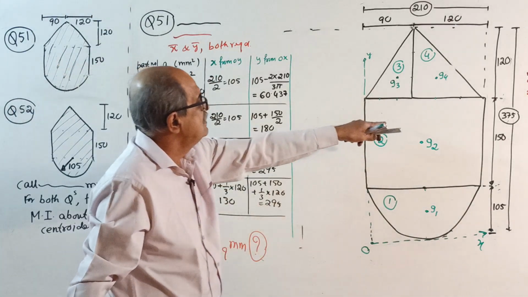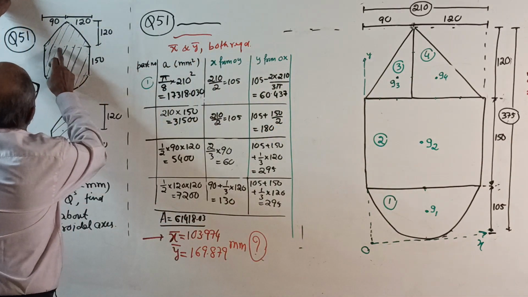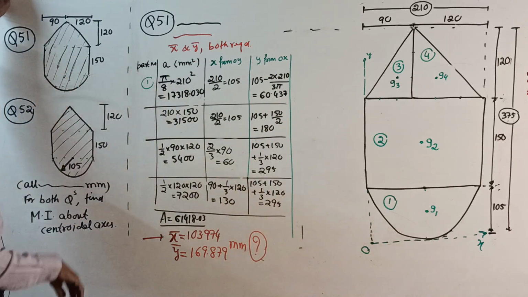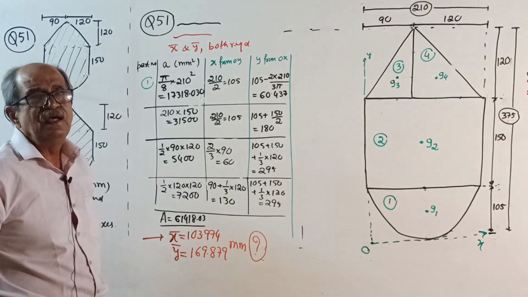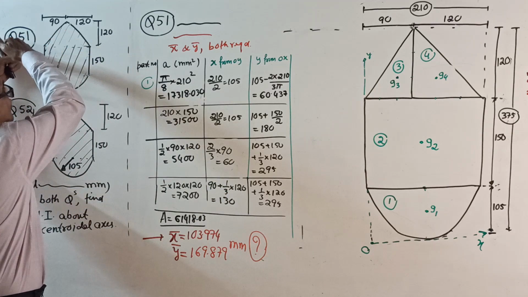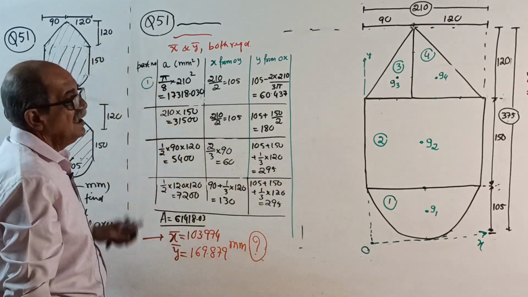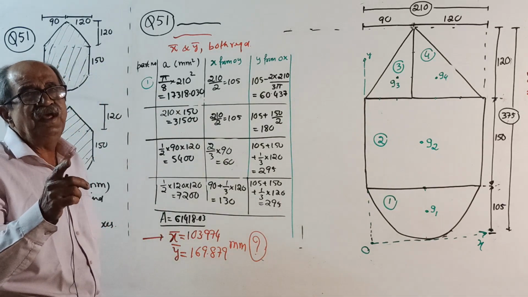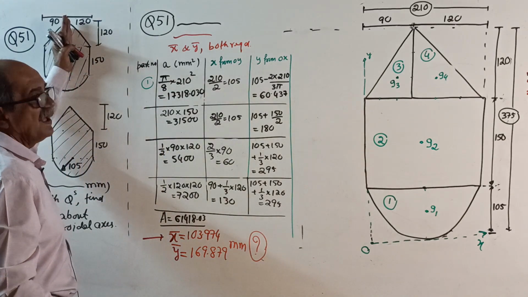Okay, start. One more thing: the upper one is a triangle in general. For a triangle in general, when you want the moment of inertia about this axis, there is no problem, you can take a single triangle. But you cannot take a single triangle when you want I about the vertical centroidal axis.